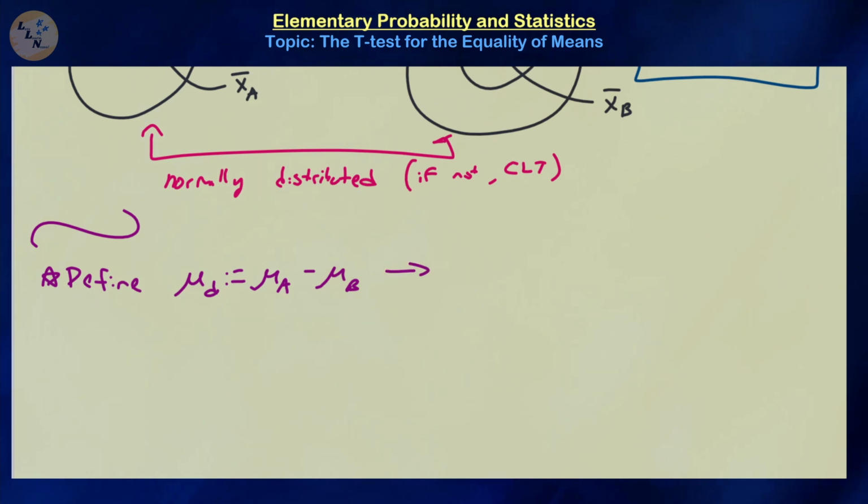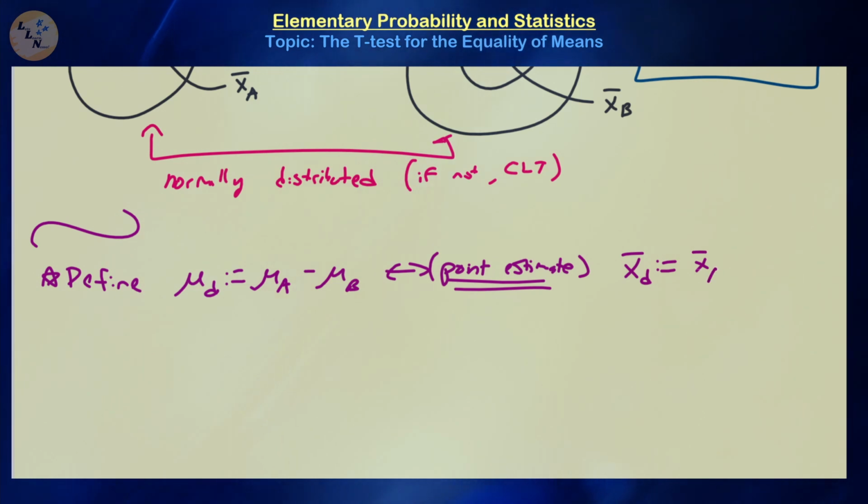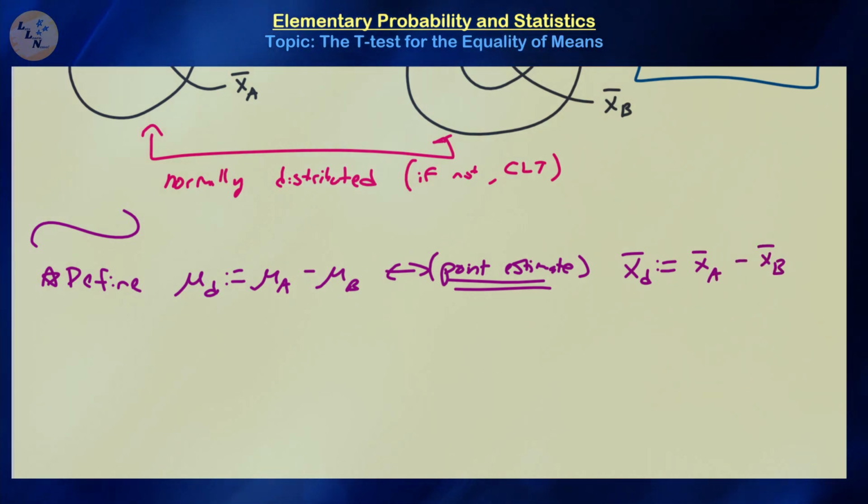So what would be a point estimate for mu d? You may already want to guess what that is, but it's going to be x bar d, where x bar d is defined to be equal to x bar A minus x bar B. Make sure that if you are defining these things, they are in the same exact direction. You cannot mix them up.